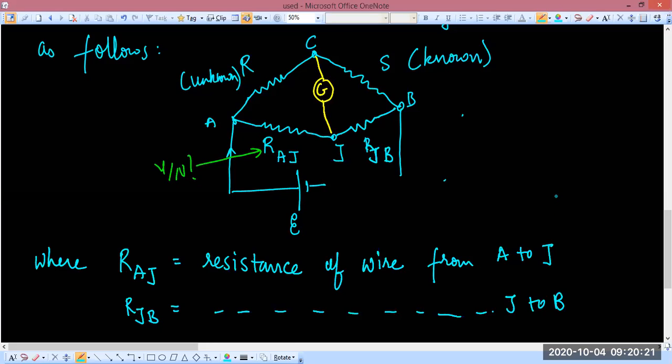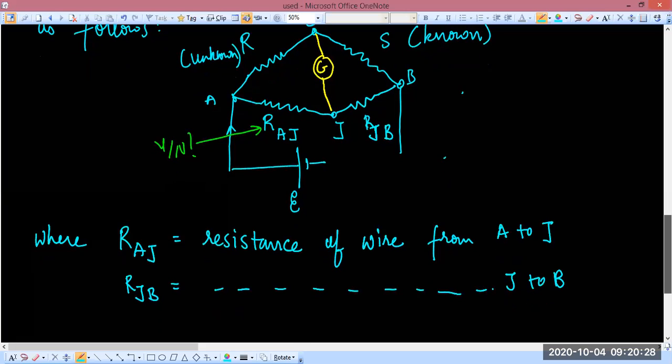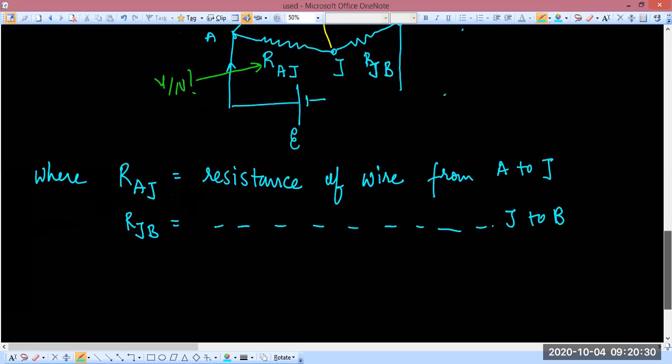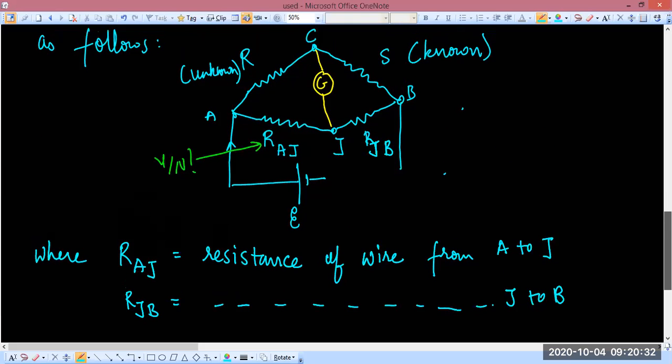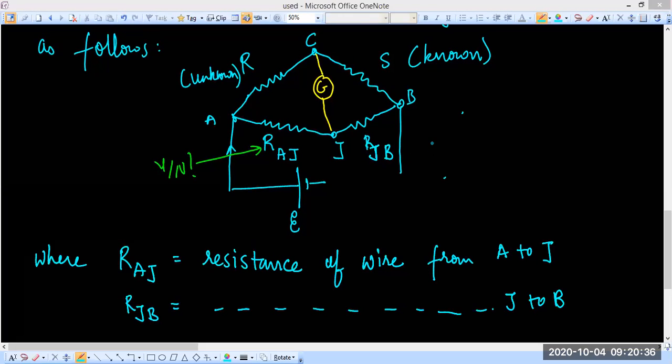Clear? So now I hope you have drawn it. I hope you have written this. Now we are going to the next page.